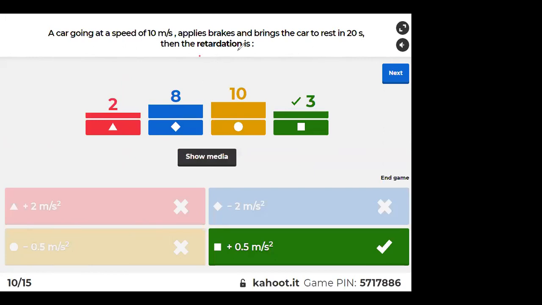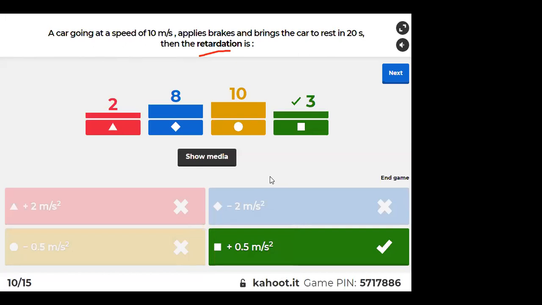What is retardation? Now, did I tell you in the last class, right, that negative acceleration is retardation? Tell me. How many of you remember? Negative acceleration in the opposite direction is retardation. Yes or no?